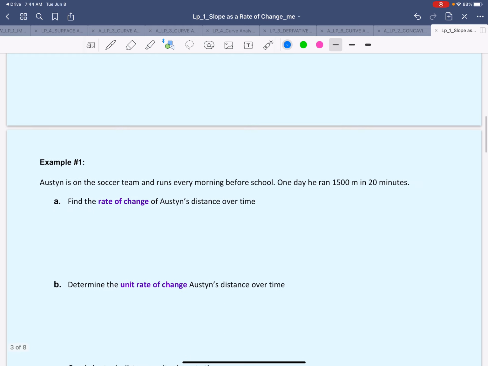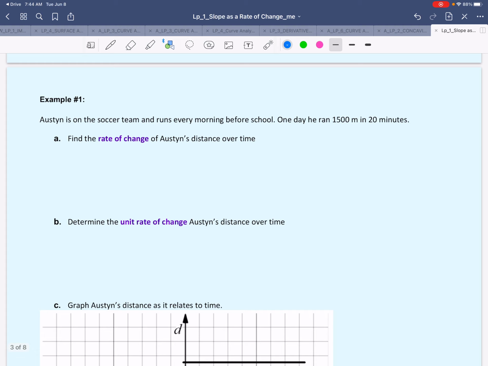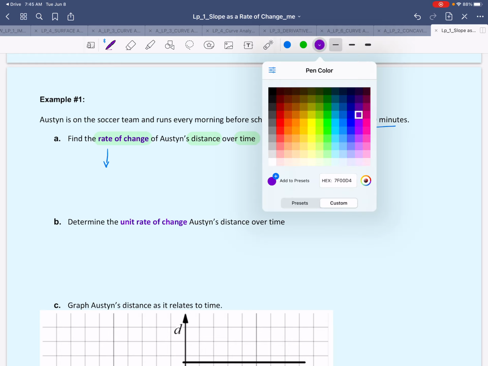So let's take a look at some word problems where we can apply what we just learned. Austin is in a soccer team and he runs every morning before school. One day, he ran 1,500 meters in 20 minutes. We want to find the rate of change of Austin's distance over time. So what we are trying to measure in here is distance over time.